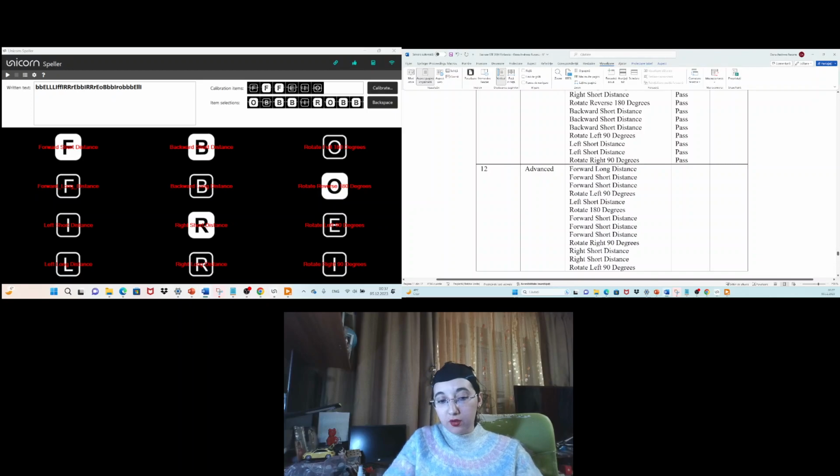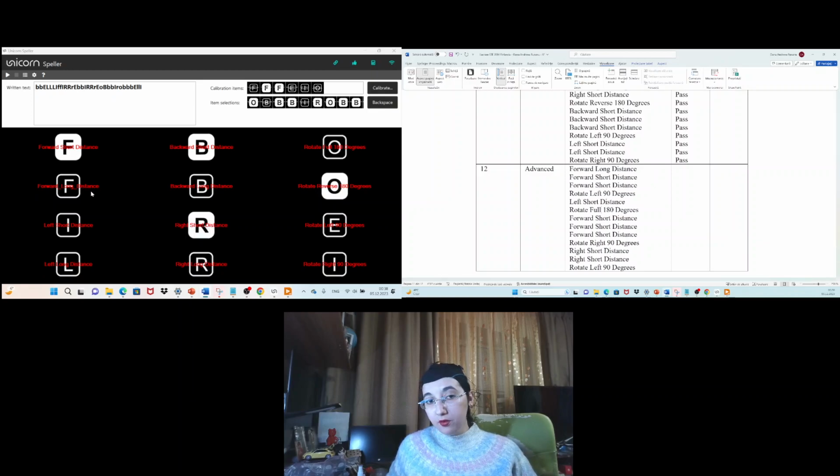So here is rotate full, then forward short distance 2 times, after that again forward short distance.